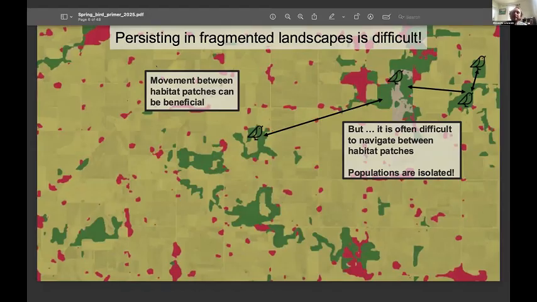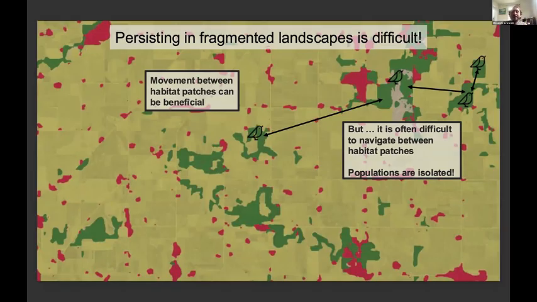But often, because we fundamentally transformed landscapes across our planet, this is not possible. Little populations are isolated, and you might be thinking about birds and how they can fly, but there are many species, including the one that I'm talking about today, that don't disperse very far. They don't like moving across habitat that isn't their favorite, and so even for birds, this isolation can happen across landscapes that we've transformed.